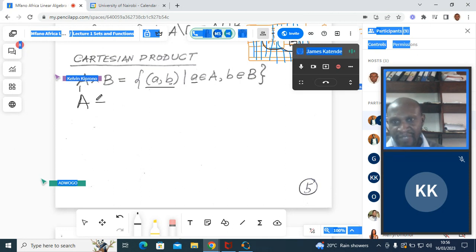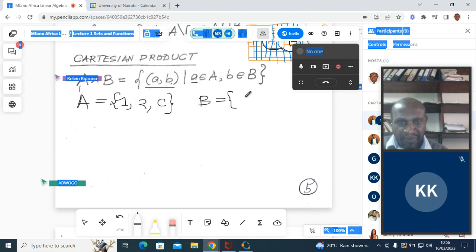If A is a set containing 1, 2, and some other element I call C, I'll pick a small one so that it doesn't take too long to write out all the elements. Suppose B contains 9 and C. So we wish to find the Cartesian product A cross B.